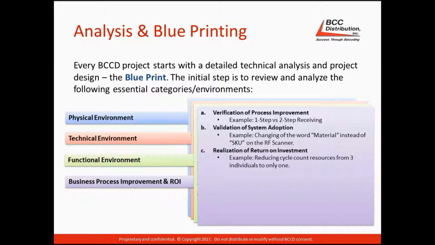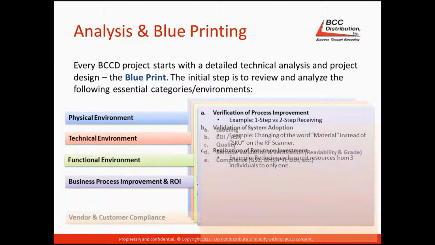Everything we do is highly customized. We want the users to see the words they want to see. If one customer looks at all their inventory as SKUs, then we'll put SKUs on the scanning screen. If it's material, we'll put the word material. We've learned the users want to see what they want to see.